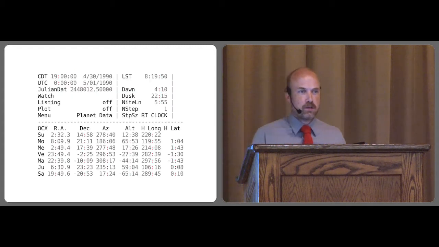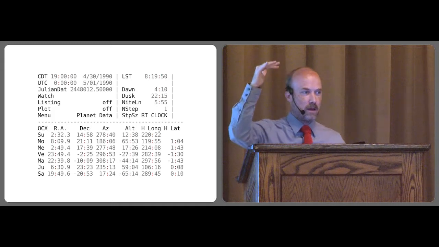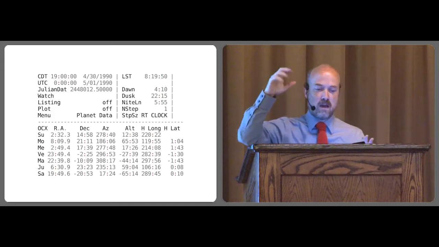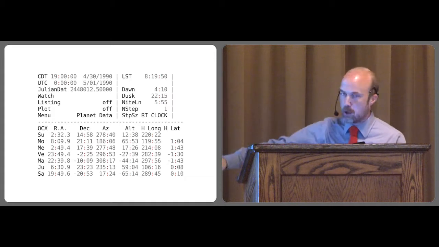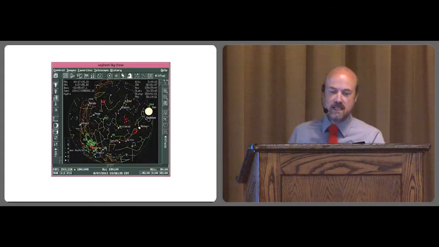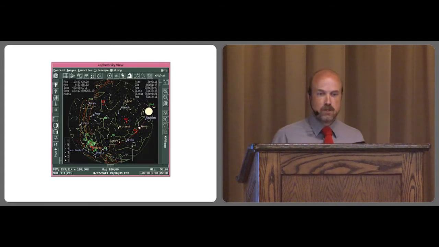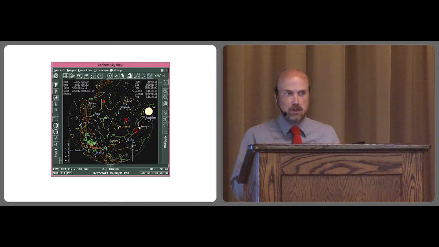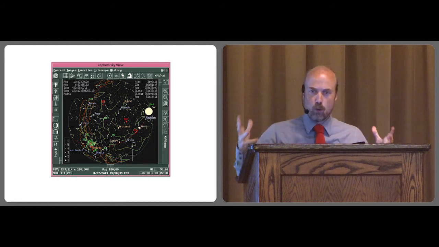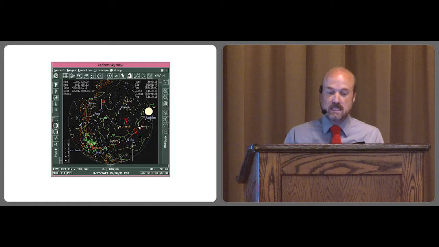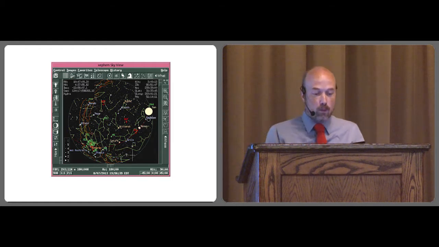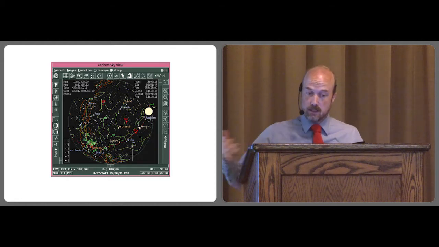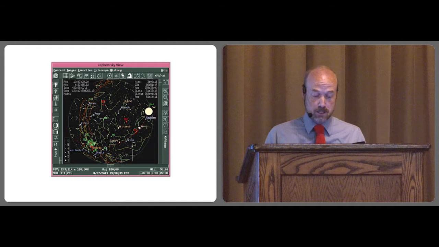EFIM was an old curses-based terminal program that you could enter the date and where you were observing from, and it would tell you where to look for the stars and the planets. And then XEFIM took advantage of the new X Windows system, graphical window system for Unix machines, and actually could draw a picture of the night sky, as well as letting you solve equations and do analysis, and drive a professional telescope from it.